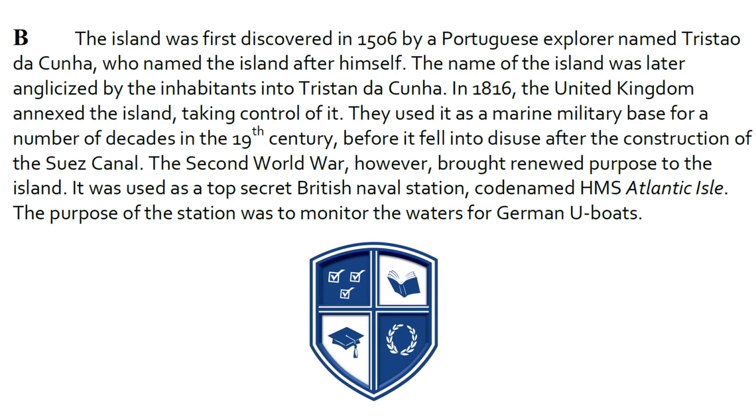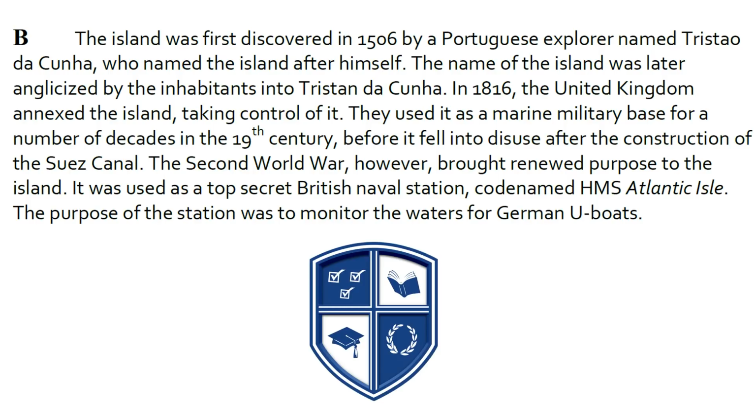The island was first discovered in 1506 by a Portuguese explorer named Tristan da Cunha, who named the island after himself. The name of the island was later anglicized by the inhabitants into Tristan da Cunha. In 1816, the United Kingdom annexed the island, taking control of it.